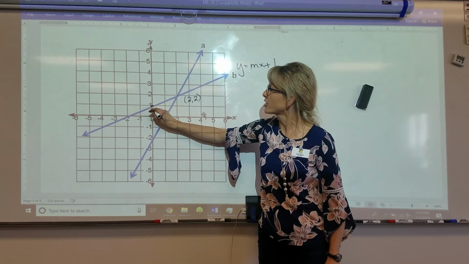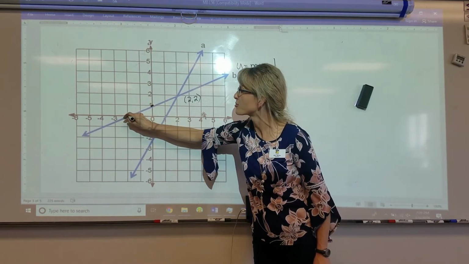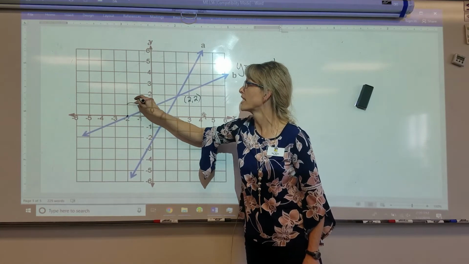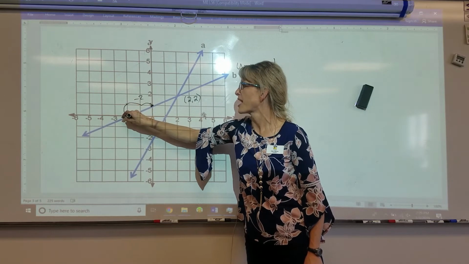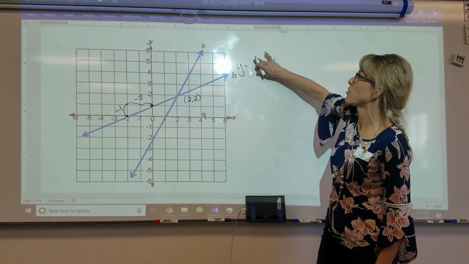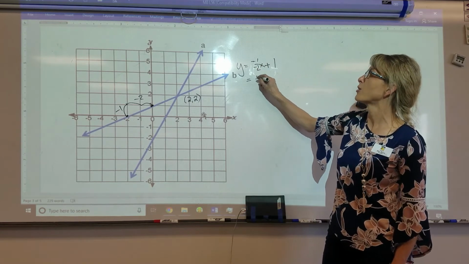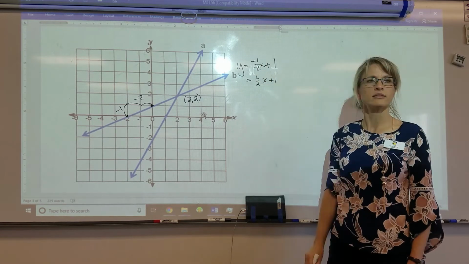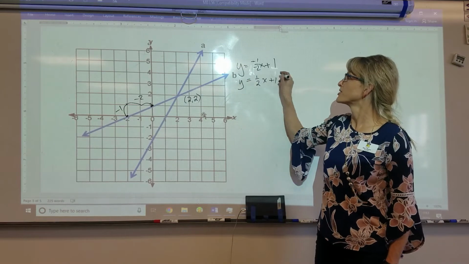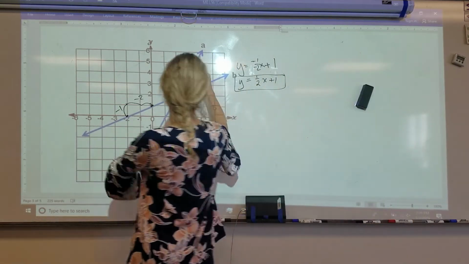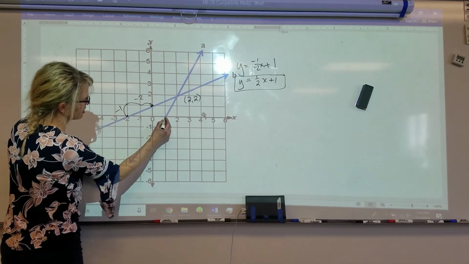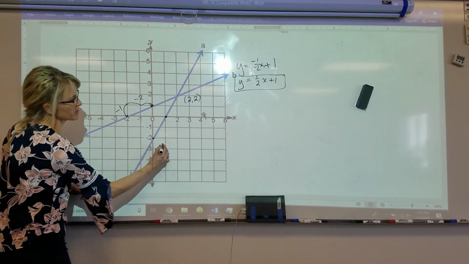Slope for this line, I'm going to pick this point and this point. I'm going to run -2. I'm going to rise -1. Rise over run is -1 over -2. Simplifying, I'd say 1/2 x plus 1. Don't forget my y equals. So that's for B. For A, let's pick, how about here and here? This is my intercept.